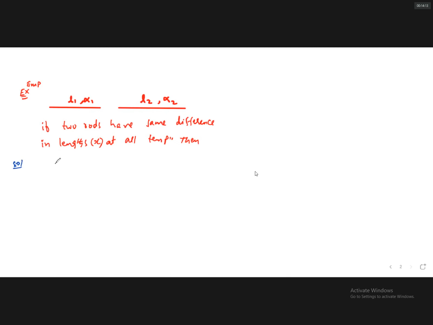Here, the difference in length at T1 degrees Celsius, we can assume, is some x. At T2 degrees Celsius, the length of each rod changes, but the difference in length should still be the same. Here L1 and L2 are the lengths of the rods at T1 degrees Celsius.